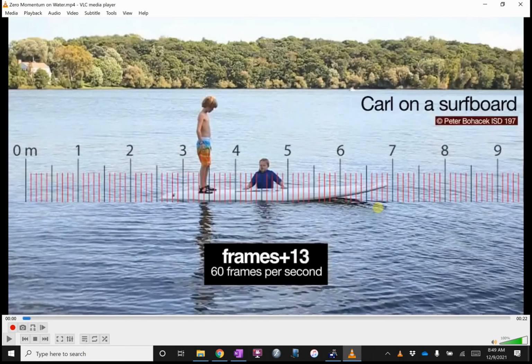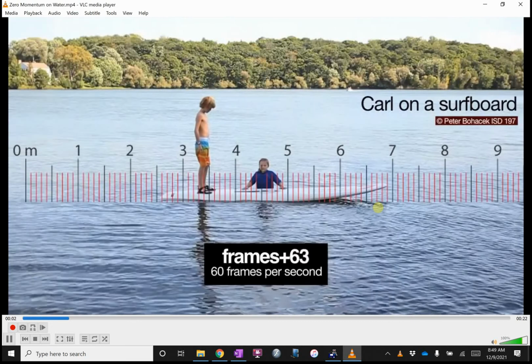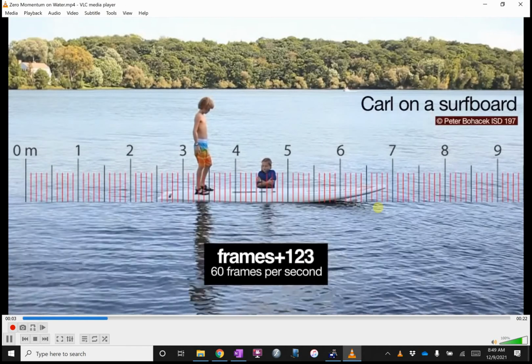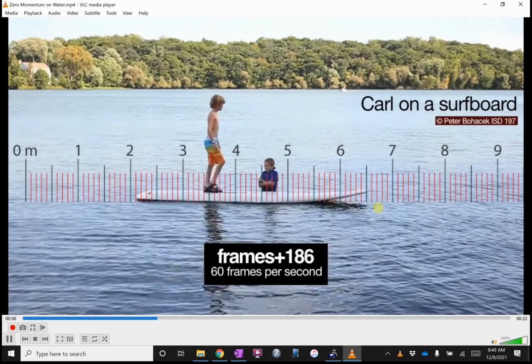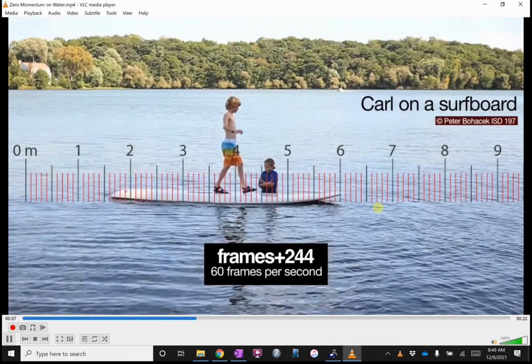What's the momentum of the boy and the surfboard right now if they're at rest? So what must their final momentum be? Still 0. So if the boy walks forwards, the surfboard must move backwards. Absolutely.